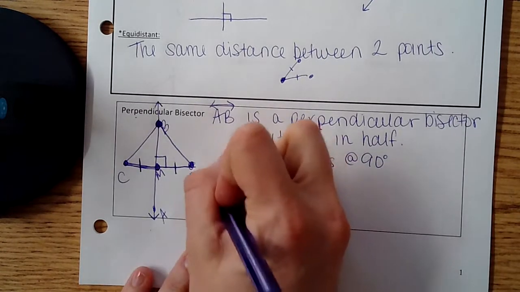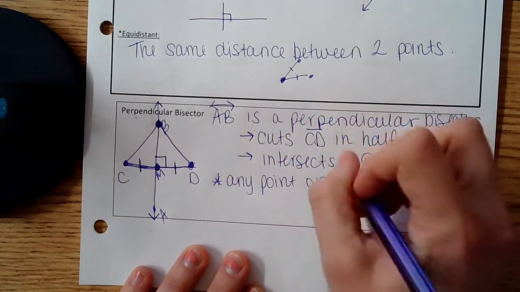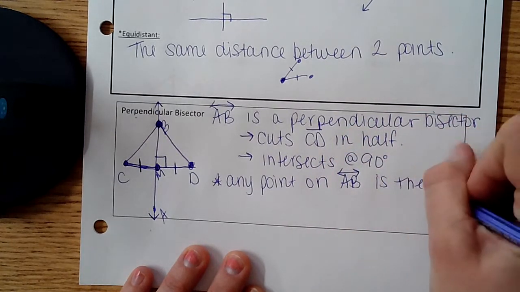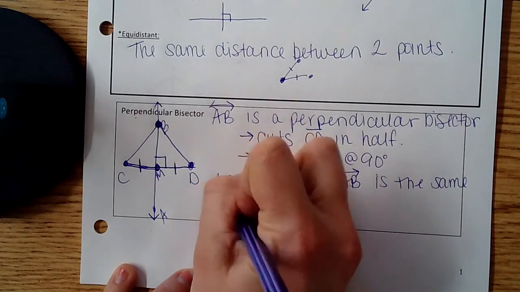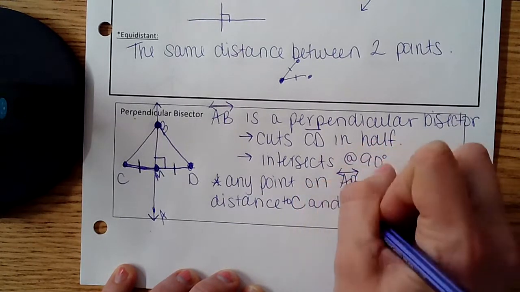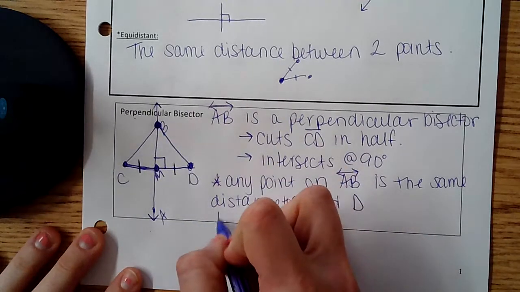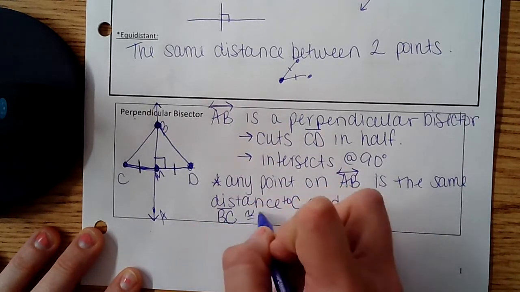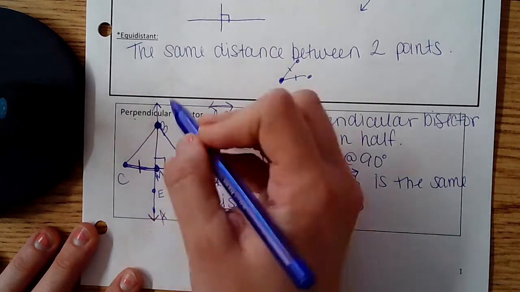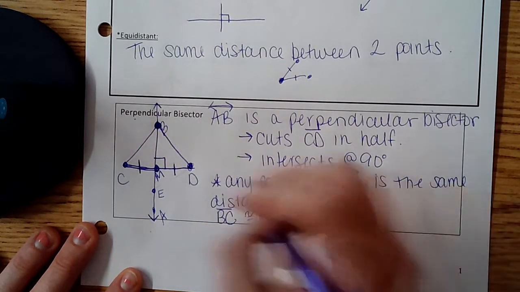Any point on AB is the same distance to C and D. So in this case, BC is going to be congruent to BD. Or I could put another point here, E. As long as I place it on the perpendicular bisector, the segment ED is going to be congruent to EC.